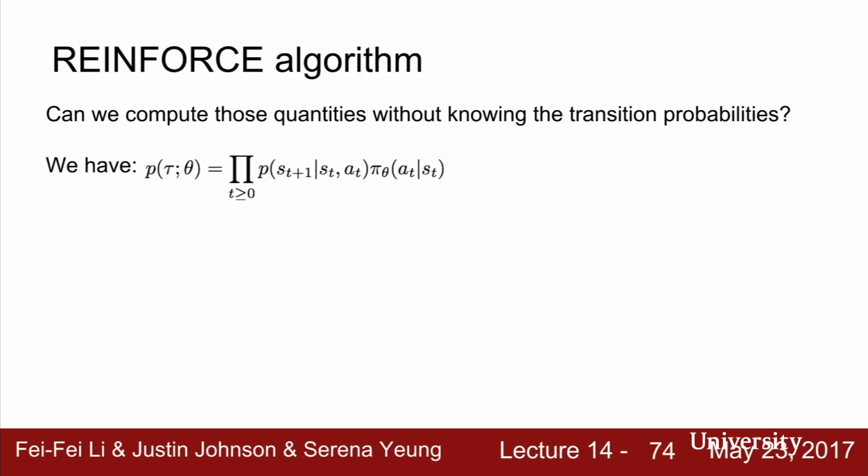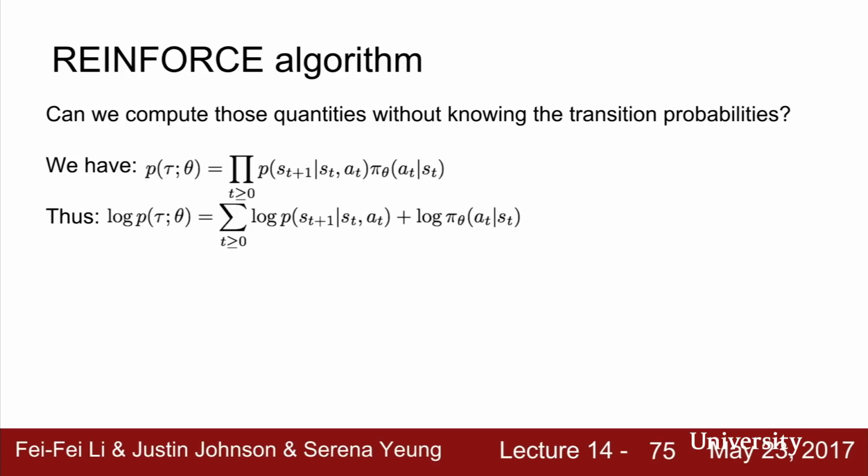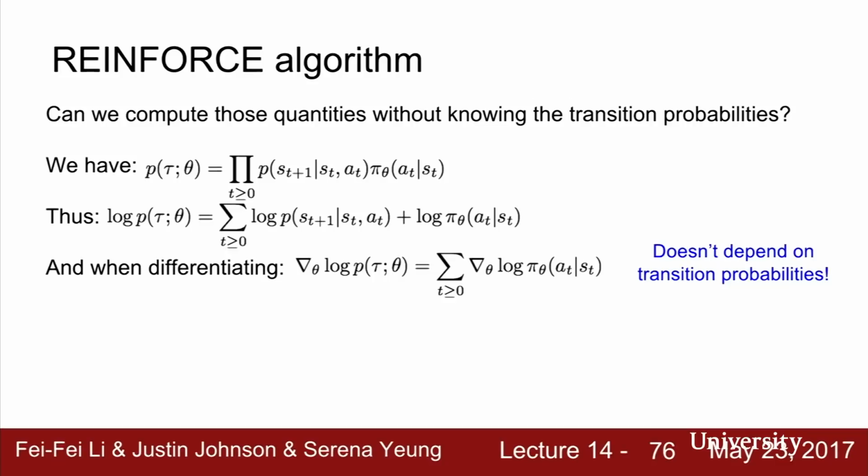We multiply all of these together to get the probability of our trajectory. So for the log of p of tau, we take the log and push the logs inside, which separates this into a sum. Then we differentiate with respect to theta. But the first term, the log of the state transition probabilities, has no theta in it.